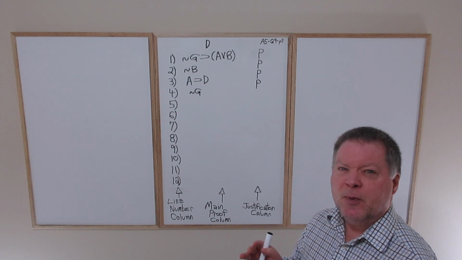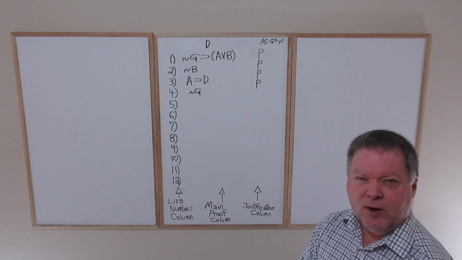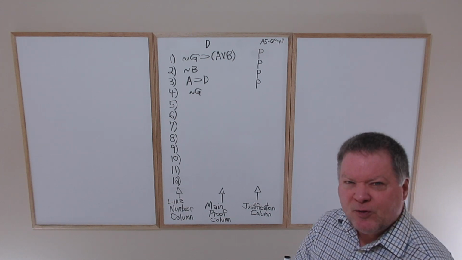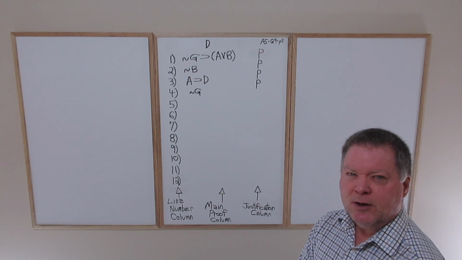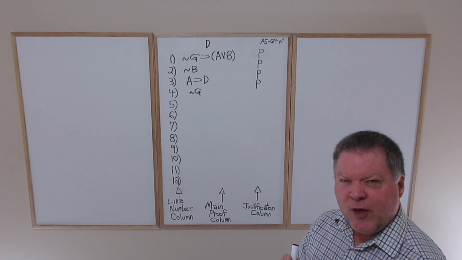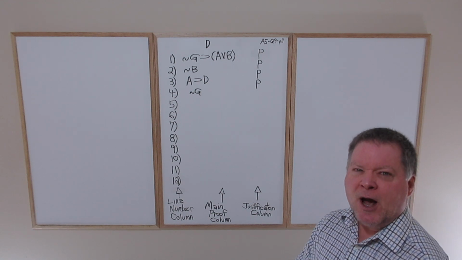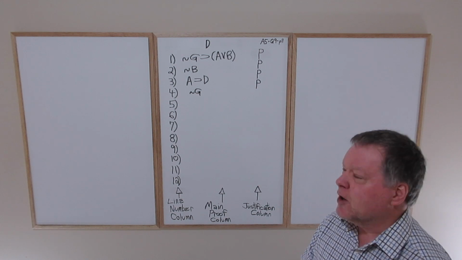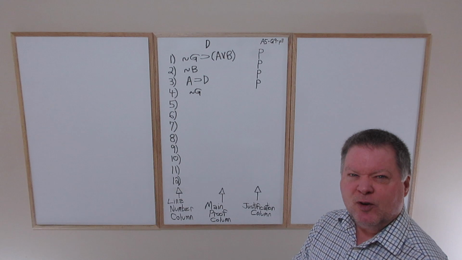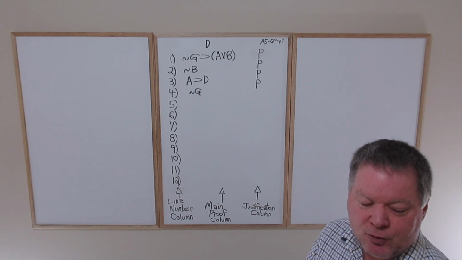You aren't just going to be given information and asked to start deriving things. You're always going to be given some specific information, a concrete set of premises, along with a particular conclusion. And you're going to be asked to construct a proof that if that set of premises are all true, then the conclusion must be true as well.